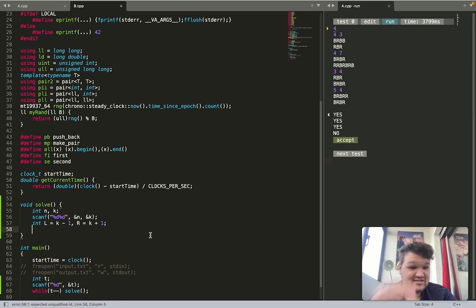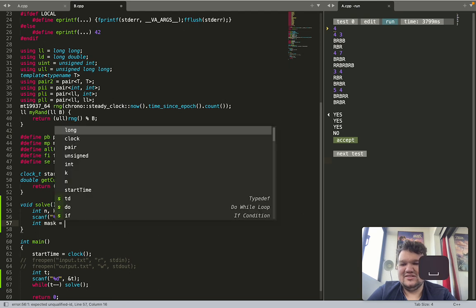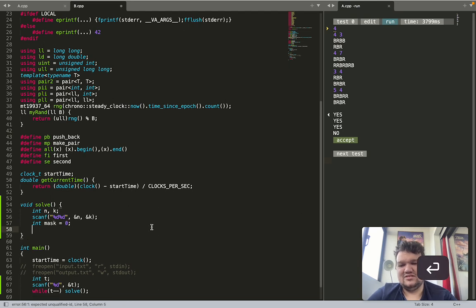Actually, we can just check that there should exist a segment that has left border equal to k, and there should exist a segment that has right border equal to k. So we can even say it simpler. Just maintain two flags, which we can maintain in one mask.